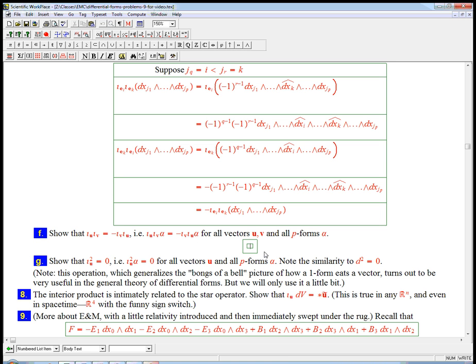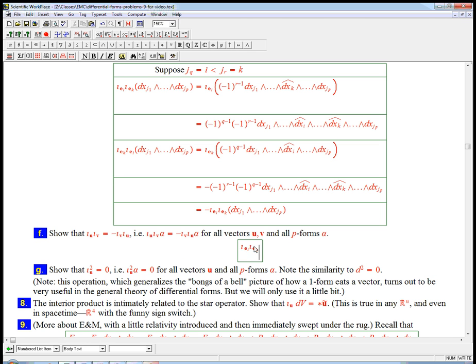Well, this is just linearity. i_u i_v of alpha, well, first of all, let's show that it doesn't matter what the alpha is. Let's take i_ei, i_ek on alpha.